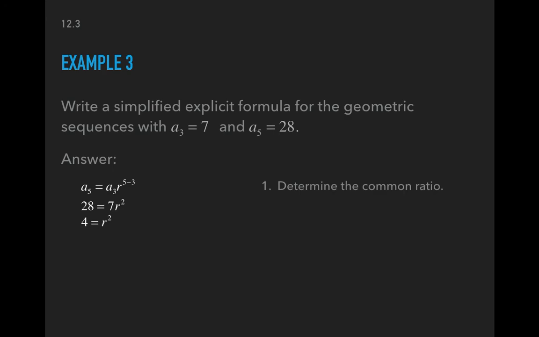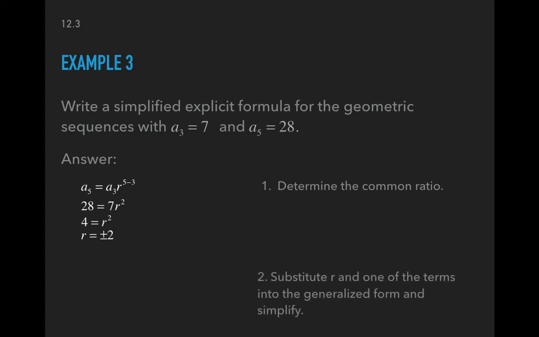You would have to take the square root of each side, or think, just common sense, what squared gives you 4? Now, I say common sense, but it's not always so obvious. It's both 2 and negative 2. So there are two options here for your rate, which means you're going to have two sets of answers, because there are two possibilities with geometric sequences.